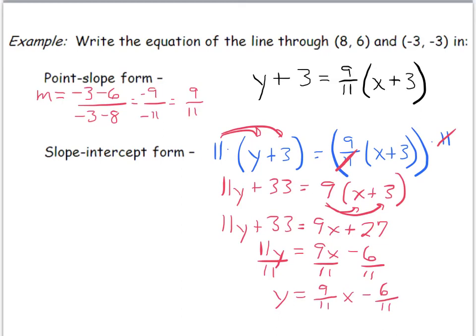That's slope-intercept form. Now, could you originally have just taken the 9/11 and distributed it through and then subtracted the 3 to the other side? Absolutely. The only issue with that is students who have difficulties with fractions see that as pretty difficult. So you do either which way. Hopefully, though, you end up getting the same answer as I did.